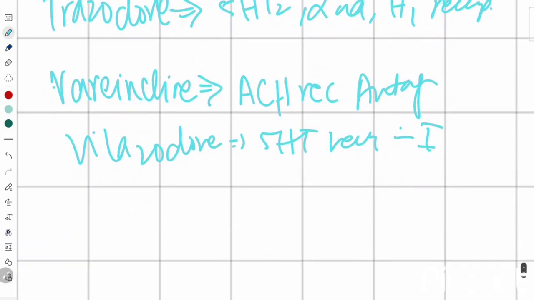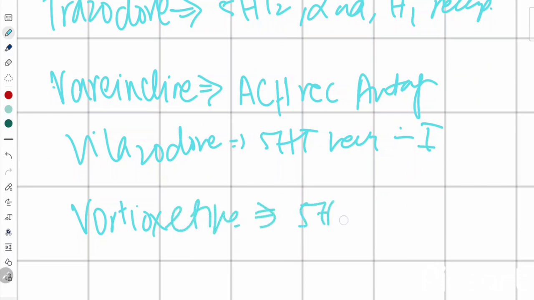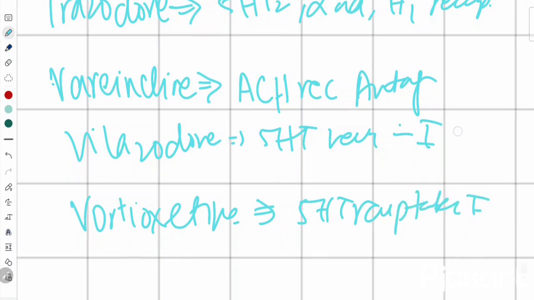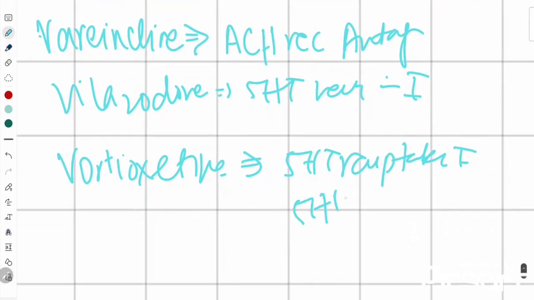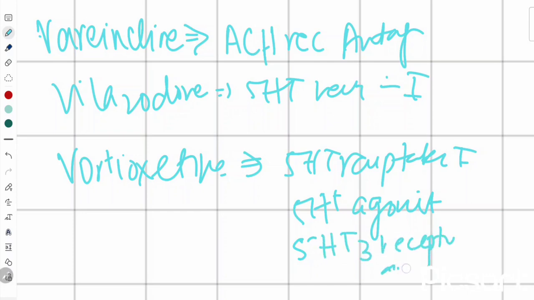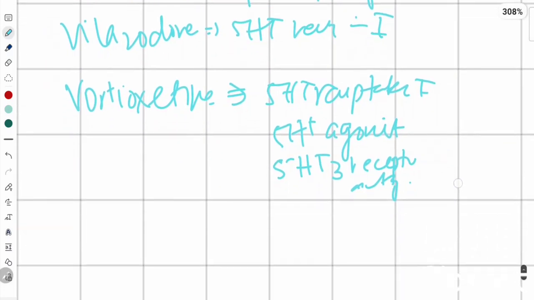And then lastly we have vortioxetine, which is also a 5-HT reuptake inhibitor as well as a 5-HT agonist plus 5-HT3 receptor antagonist. So these are atypical. Now let's do opioids.